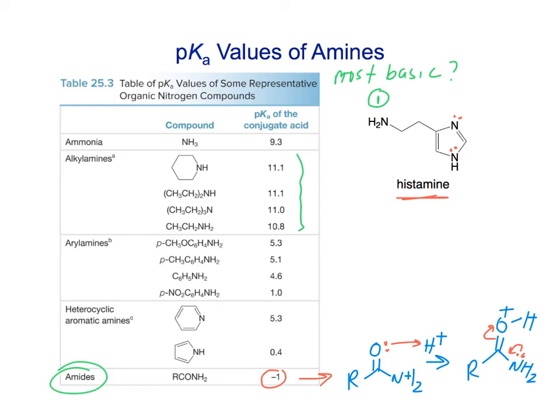Because if it protonates on the top one, then the ring remains aromatic. Okay? And there's resonance that can go around. The bottom one is like pyrrole, and in that case, if you protonate there, or if you protonate on one of the carbons, then you lose aromaticity. Okay?